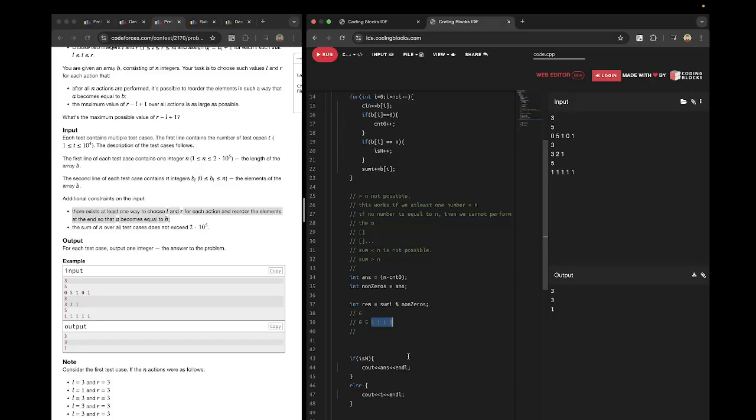Basically, let's simplify the question. The question is I can increase the count by r minus l plus 1 every single time. Let's say this is equal to x, so I can increase the count by x. Now what's the max x can achieve? The max x I can achieve such that the remaining quantity I can fill by once.